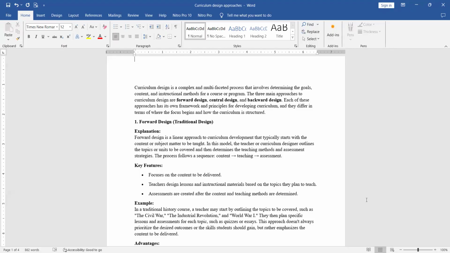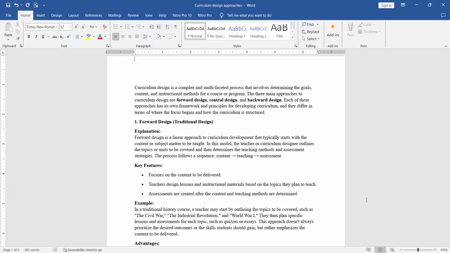The forward design, the traditional design, as I discussed last time, is a linear approach to curriculum development. Linear means one after the other only. How do they typically start? They start with the content.